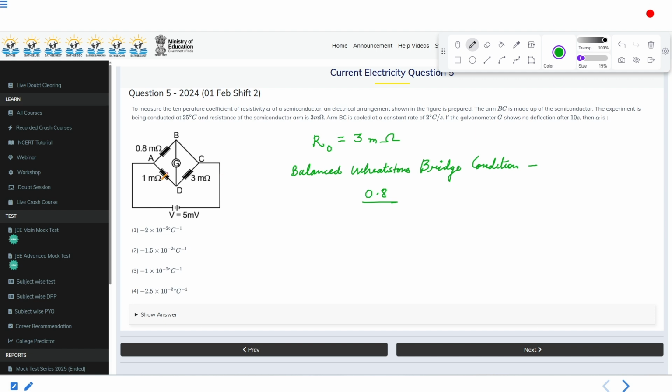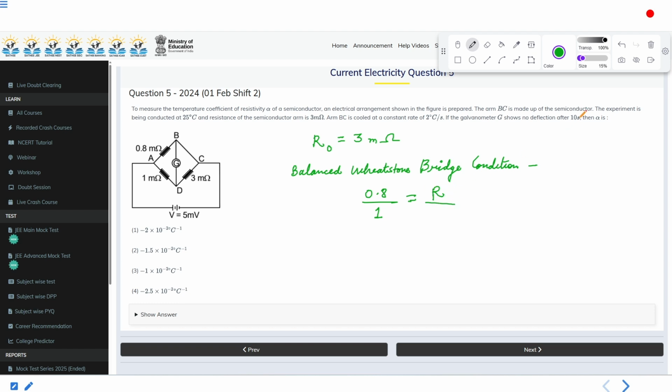All the resistances are in milliohm, so no need to convert them. So what is this R at some temperature T? I will mark it as R.